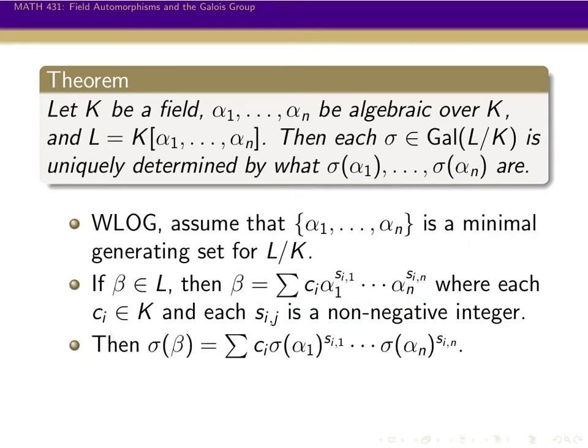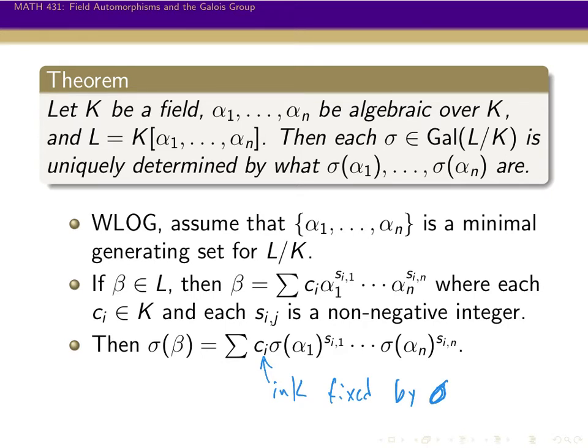If we look at sigma of beta, remember that sigma is an automorphism, so it's a field isomorphism. In terms of the sum, if I apply it to the whole sum, I can break it down to each of the summands, and then I can break it down to each of the parts. The c_i's are in K, and so they're fixed by sigma. I don't have to write sigma of c_i, I can just write c_i.